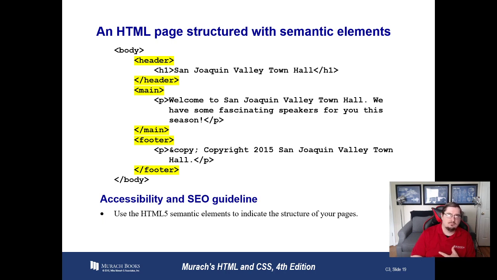Sorry, not browsers, screen readers and search engines. These are really helpful for search engines because it tells the search engine what part of the page this is. So for instance, here we've got a header. So we're saying this part is the header or the top of the page. Main is the main content of the page, and then footer is the bottom of the page.